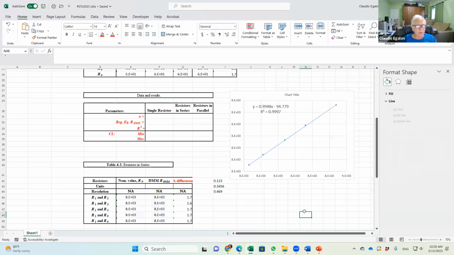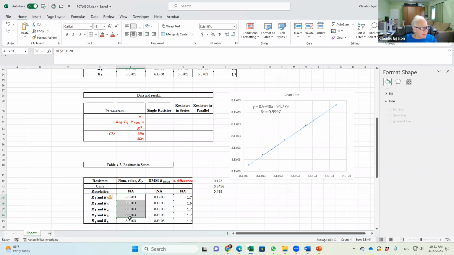What does it show you? What does it tell us? It tells us that the equivalent resistance of resistors in series, they do add up. And that was exactly what I did here.